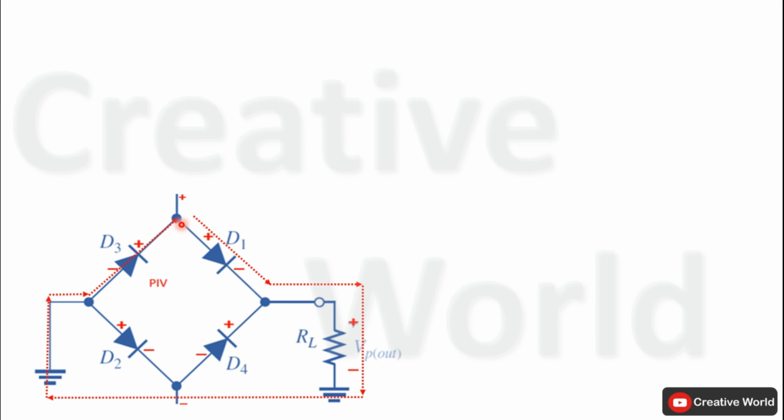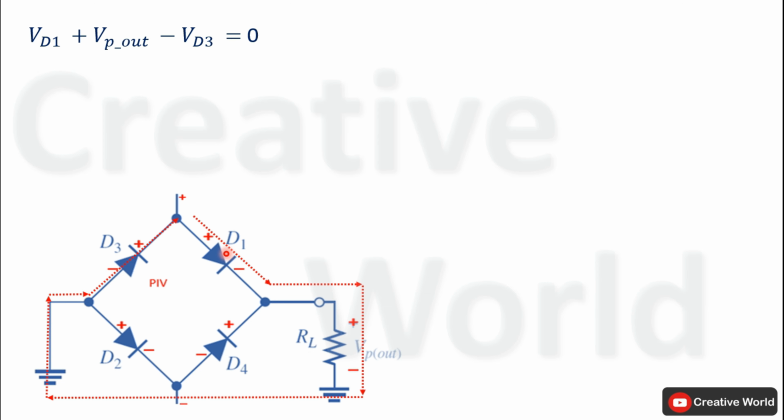Now we will write Kirchhoff's voltage law equation for this closed loop in order to find peak inverse voltage across this diode D3. We will start from here. Current entering terminal is positive, so voltage across this diode D1 will be taken with positive sign. This voltage will be actually potential barrier voltage which will be appearing across this diode.